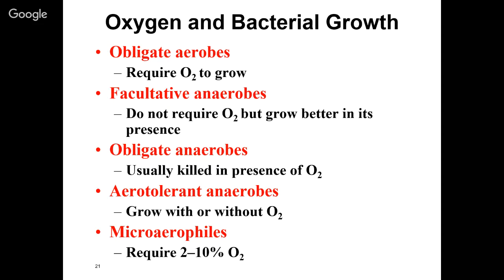They've got to go somewhere where they can get a little bit of oxygen, but they can control how much they're getting. And the ambient amount in normal atmospheric air is too high for them. That's why they're called microaerophiles. Okay, so just remember that's what it's talking about. Those guys have very, very special environments that they live in because ambient air on the earth is too high in oxygen concentration for them.